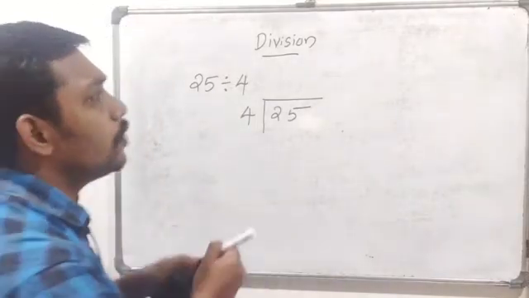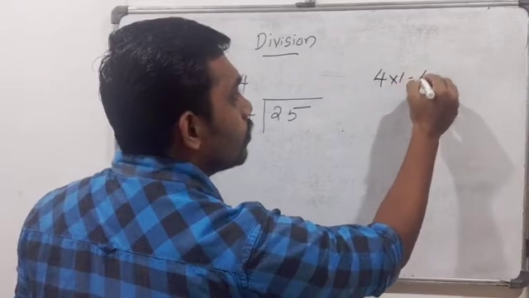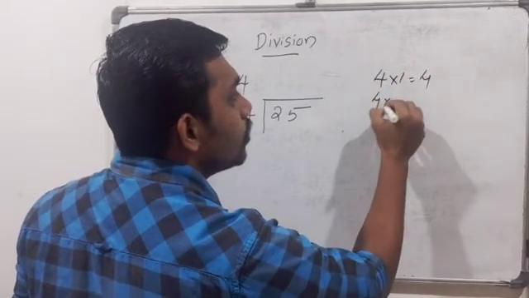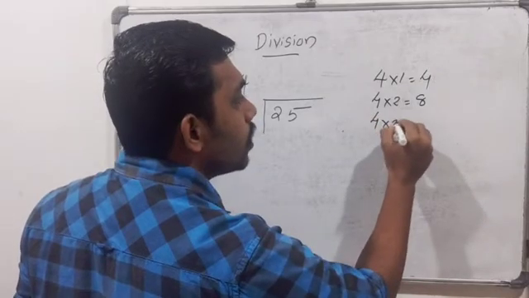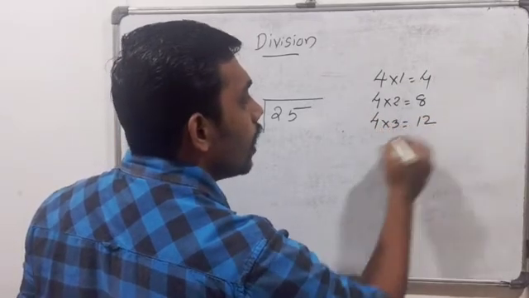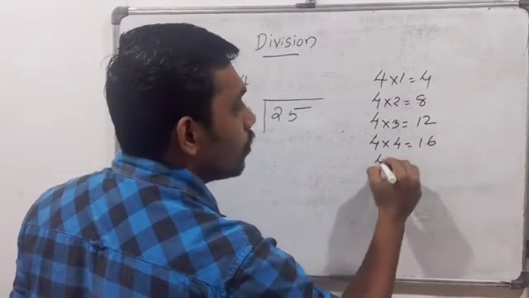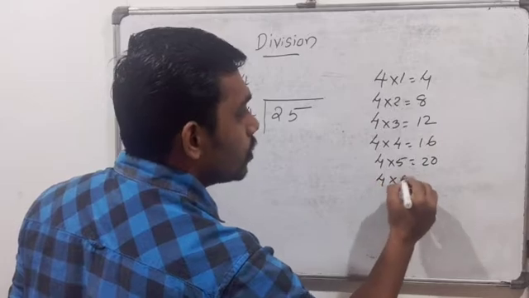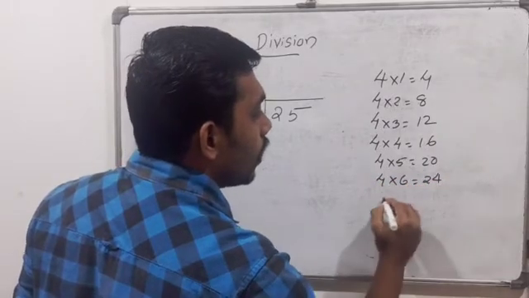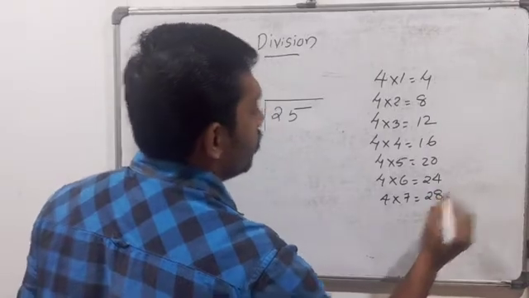So we have to write the multiples of 4, that is 4 into 1 equal to 4, 4 into 2 equal to 8, 4 into 3 is equal to 12, 4 into 4 equal to 16, 4 into 5 is equal to 20, 4 into 6 is equal to 24, and 4 into 7 equal to 28.